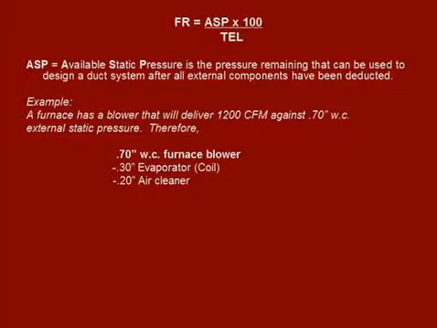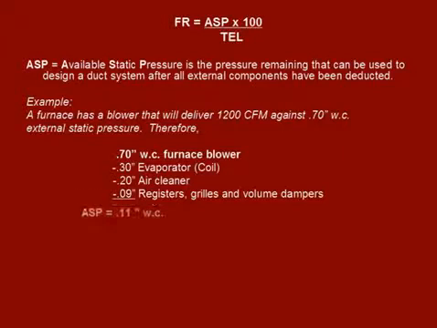That's 0.2. Now our blower is down to only 0.2 left over to design a duct system. Then 0.03, 0.03, 0.03 for registers, grills, volume dampers. That total is 0.09. The result is our available static pressure with this particular blower is down to 0.11 inches to be exact.